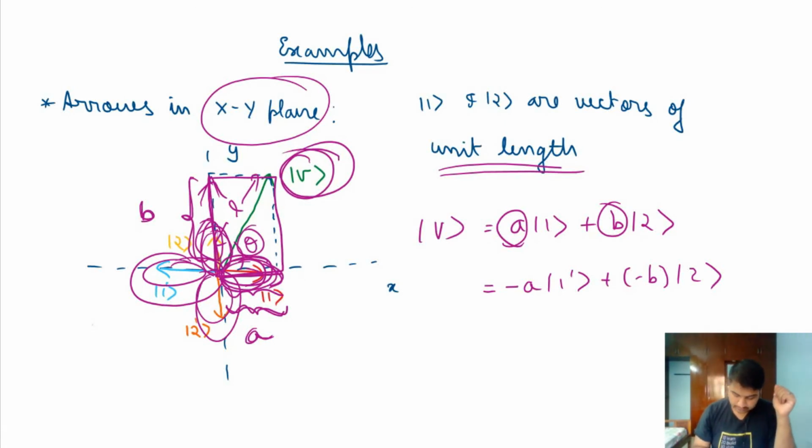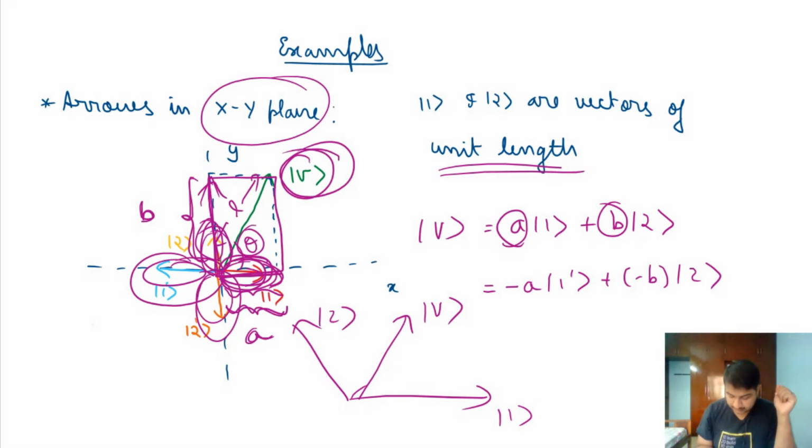But of course you can choose any two. So if this was the vector v, we could have chosen any two vectors as the basis, 1, 2, and all we need to do is draw a parallelogram parallel to these two vectors.